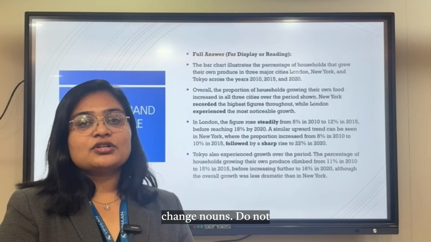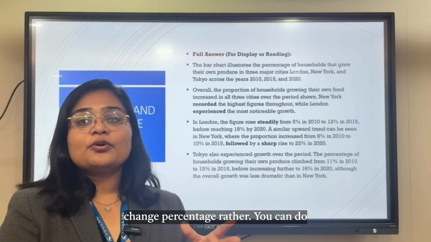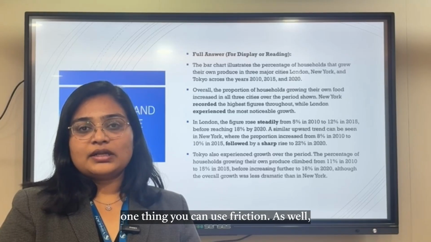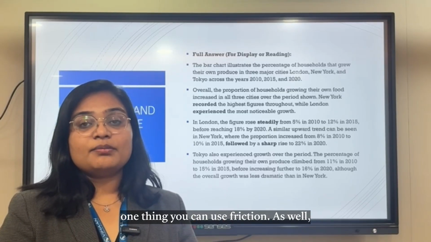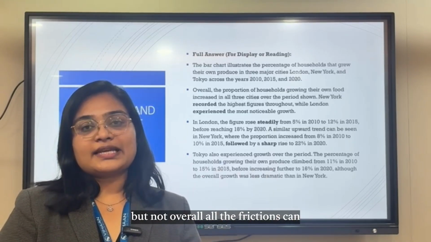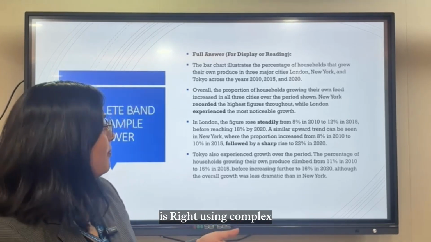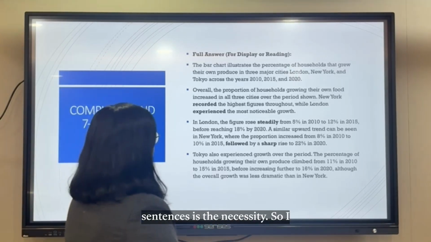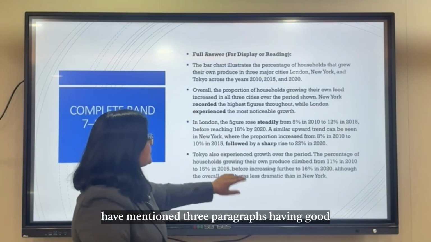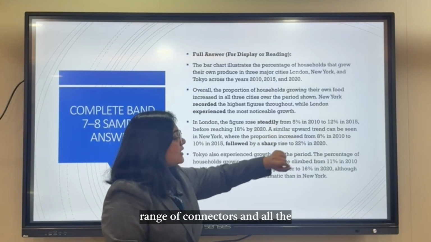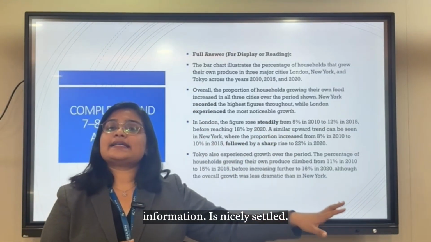Do not change nouns, do not change percentage. Rather, you can do one thing, you can use fractions as well, but not all the fractions can be utilized. Somewhere, sometime, is right. Using complex sentences is a necessity. So I have mentioned 3 paragraphs, having a good range of connectors, and all the information is nicely settled.